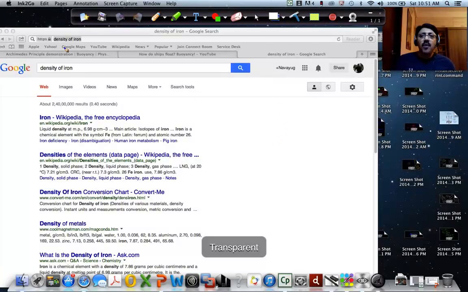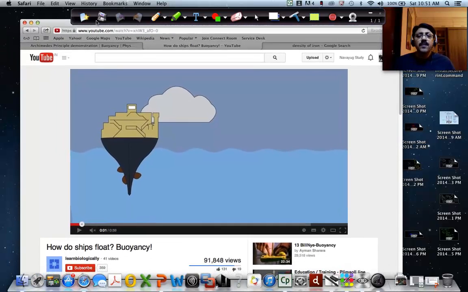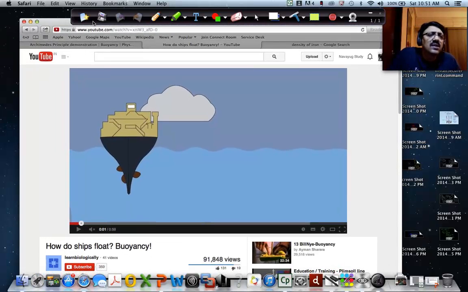Now the next point which I want to discuss with you is how is a ship floating? A ship is so massive. It may weigh hundreds of tons, and over and above it will carry goods, which will be again hundreds of tons. And it's made of steel, a very dense material whose density is far higher than the density of water.